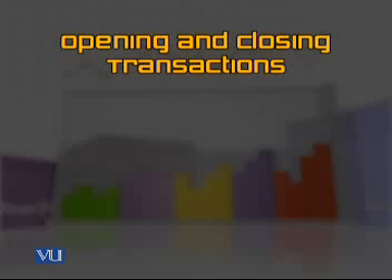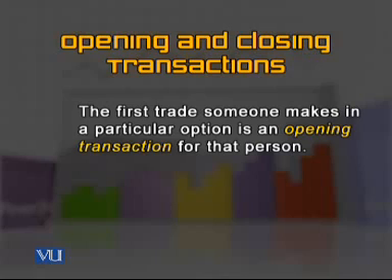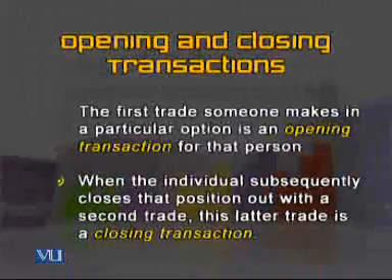You have to understand that the first trade someone makes in a particular option is an opening transaction for that person, which means you maybe began by buying a call option or buying a put option, and you determined an expiry date, a quantity, a price, the strike price, and a premium, which would all fall in the category called an opening transaction, the first trade the person makes for the option.